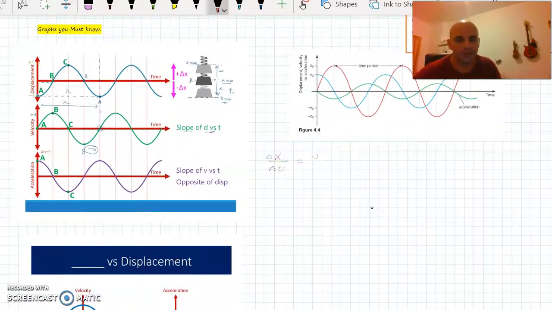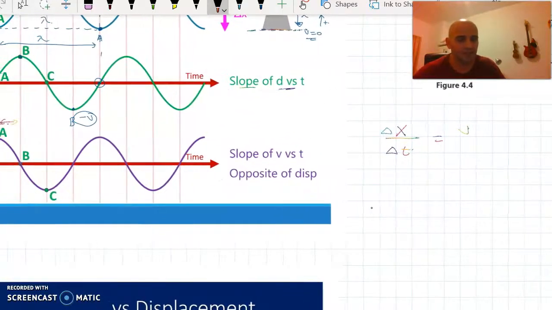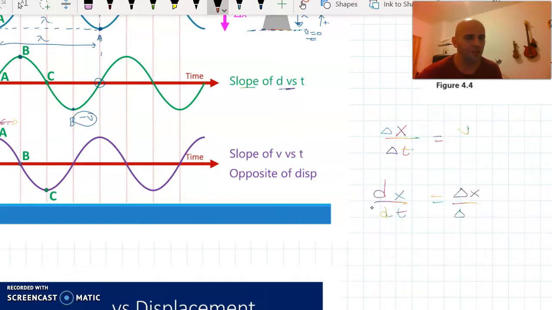So if you are looking for the slope of a line at any one point, then you basically get the derivative of it. I'm not quite sure if you guys have studied it in math yet, but it would have notation that would look like this, dx/dt, okay? And it's basically the change in x divided by the change in time, which turns out to be velocity, okay?